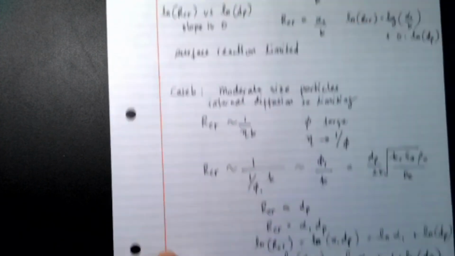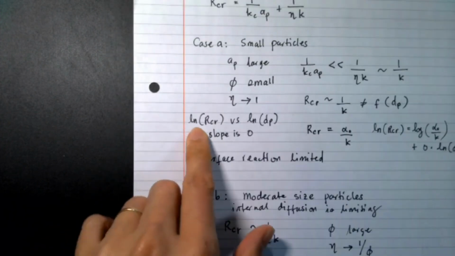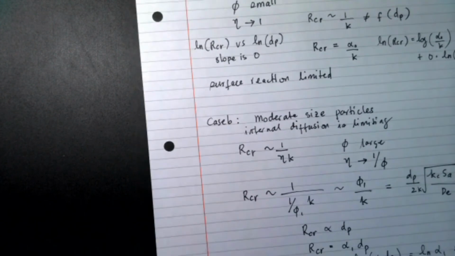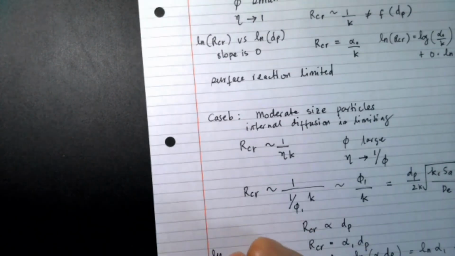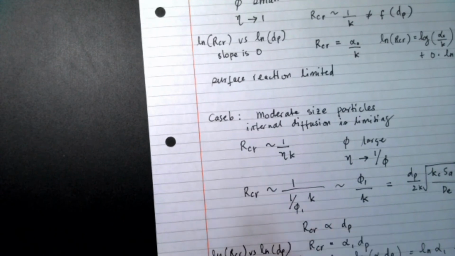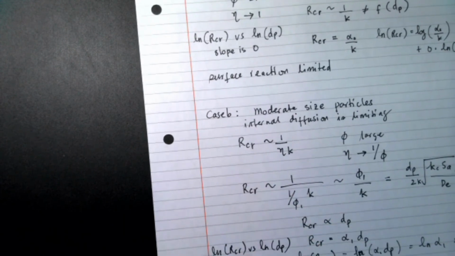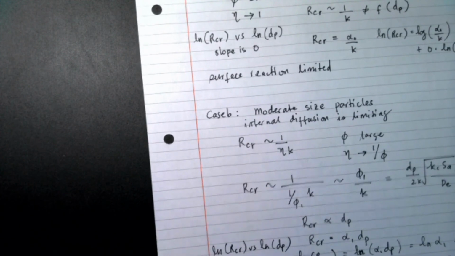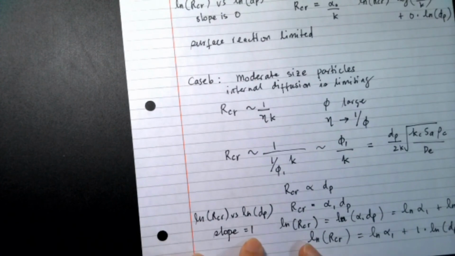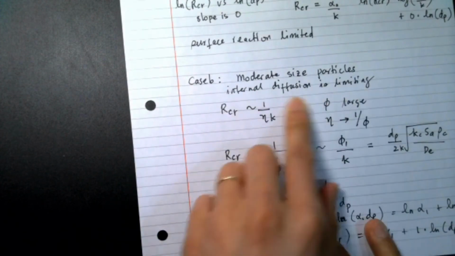So if we plot the log of RCR versus log of dP, the plot has a slope of 1. That means that if the slope of this plot is 1, then internal diffusion is limiting.